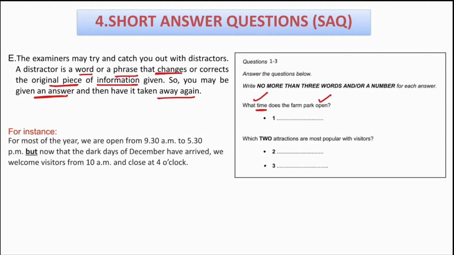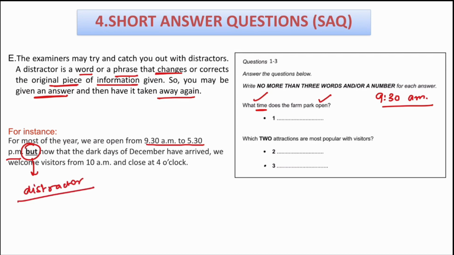So here if the speaker says, for most of the year we are open from 9:30 a.m. to 5:30 p.m., according to your thought the answer will be 9:30 a.m., because it is said in the first half of the conversation. Then he used the word but, which is a distractor.